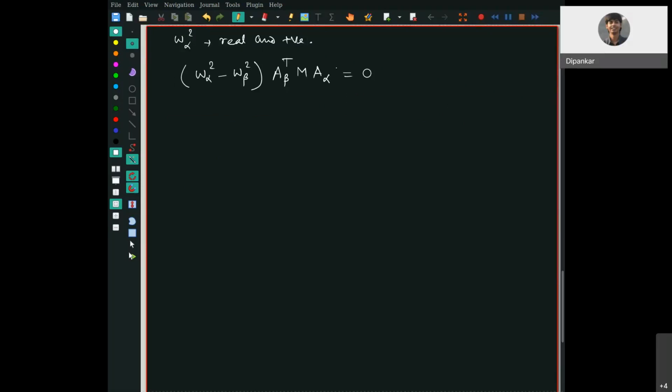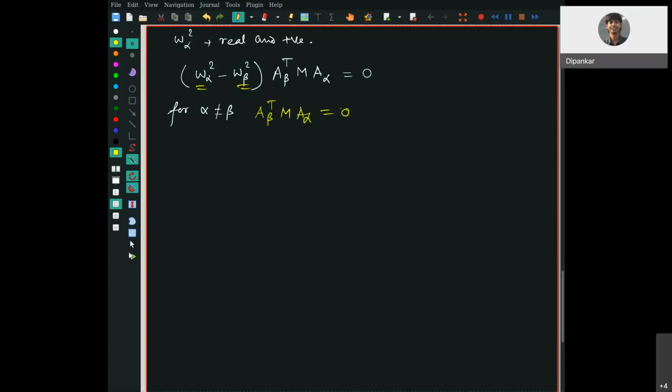So now, what I noticed is that for alpha not equal to beta, when alpha and beta are different, that is to say this omega and this omega are different, then what you have is the multiplying thing, A beta transpose M A alpha.